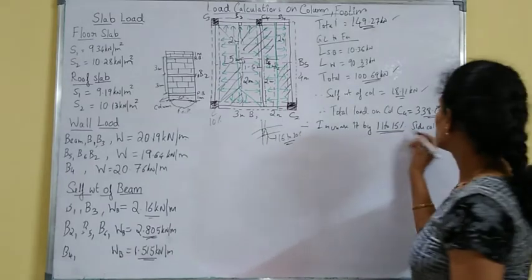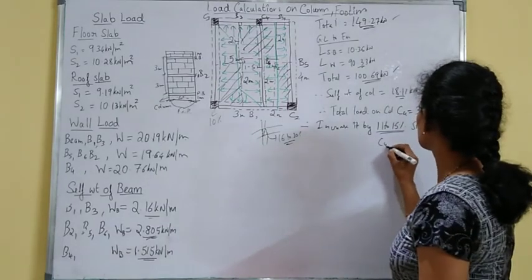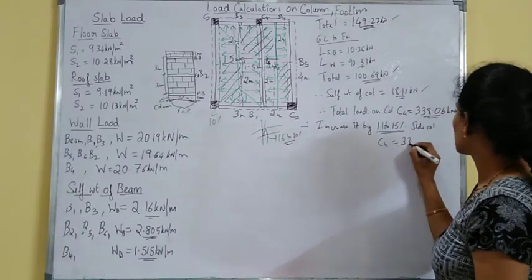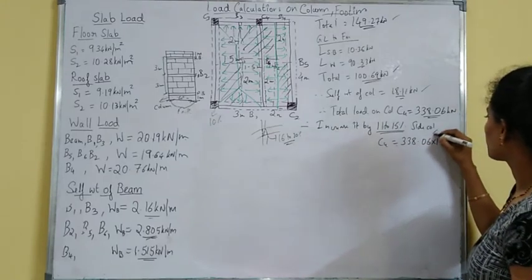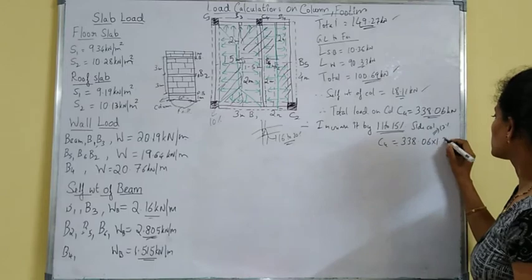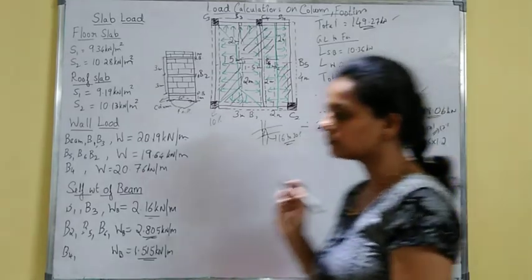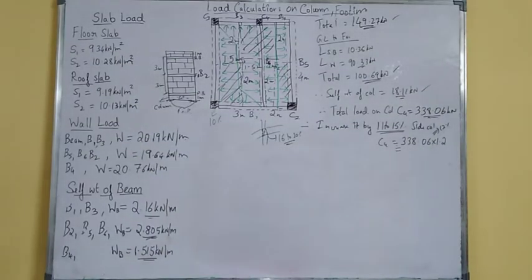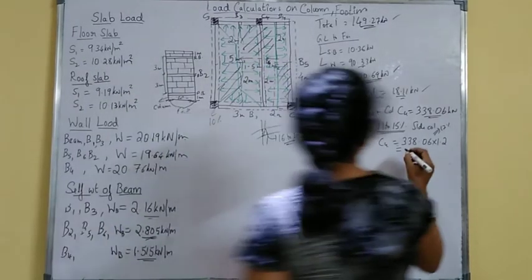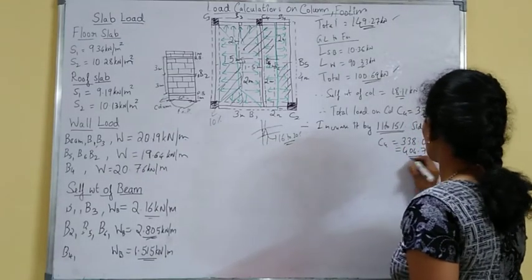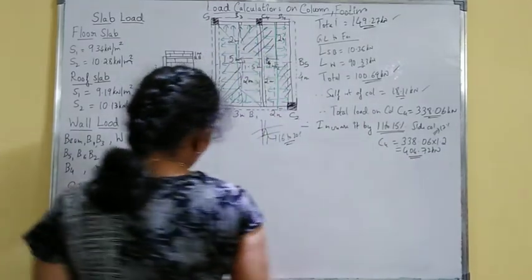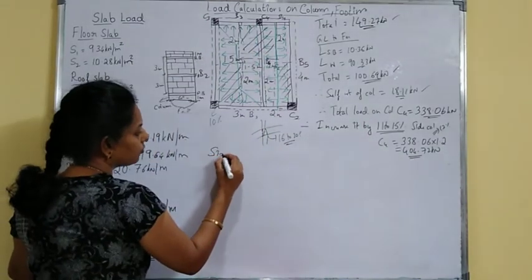Okay, so the total load will be 338.06 into, I'll increase here up to 12%, so it is 1.2. You will have 404.72 kilonewton.